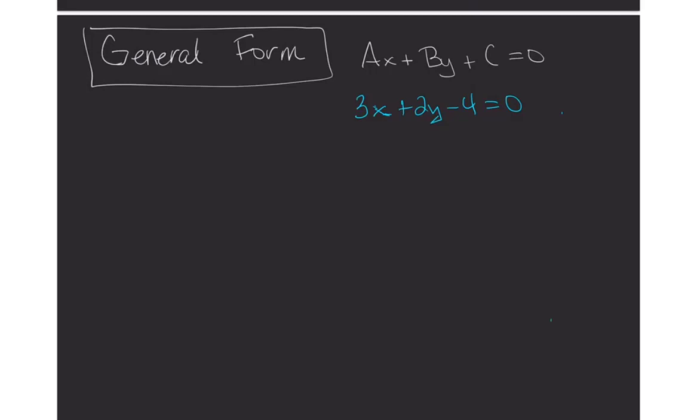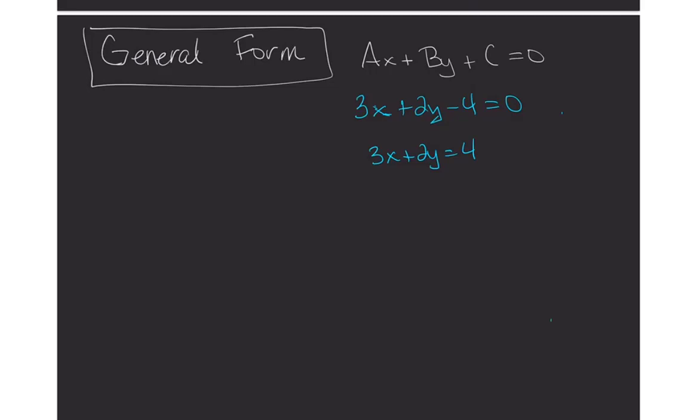And if you were asked to graph this, just like in math on everything, you have options. If you like slope-intercept form, you can work through this to get y all by itself, right? Get everything onto the other side. So you could add 4 over, so you'd have 3x plus 2y equals 4.